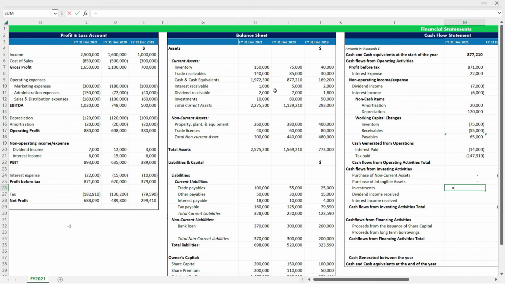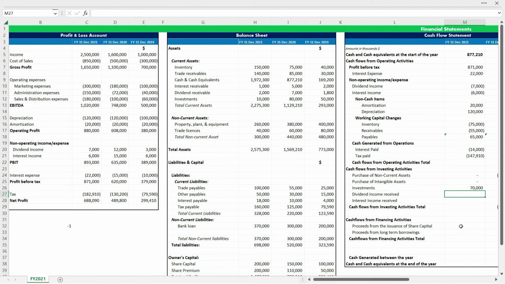Investments, that is this value here, so I will say investments from 80 to 10,000, so I will say this value minus this value, and this has become a positive value, and that should actually be positive. The reason is, if your investments are falling, it means that you have sold your investments, and there must be cash inflow from that.